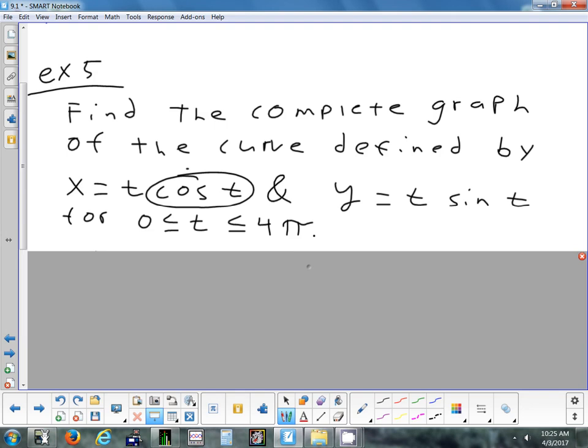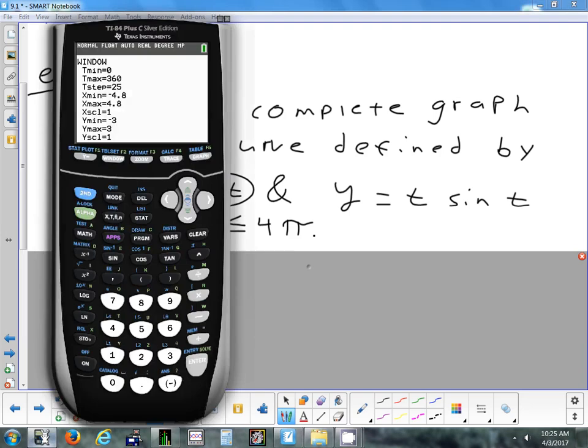What would be the smallest value? -4 pi, because that could be -1 times 4 pi. Now, I'm not saying it's necessarily going to hit those values, but I guarantee it won't ever be beyond them. It probably won't even get right to those edges. So I'm going to set my x min and max, at least as a starting point, to what we just said.